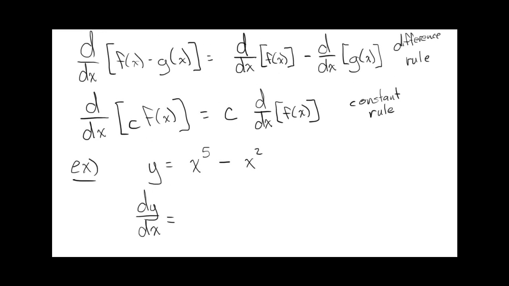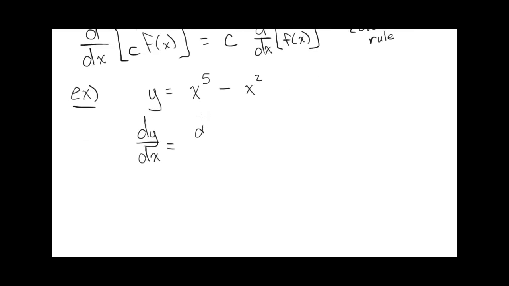Let's say, as an example, I'm going to write this in Leibniz notation. Let's say y equals x to the power of 5 minus x to the power of 2. Then dy by dx is just going to equal the derivative of the first one minus the derivative of the second one. That's just the difference rule.